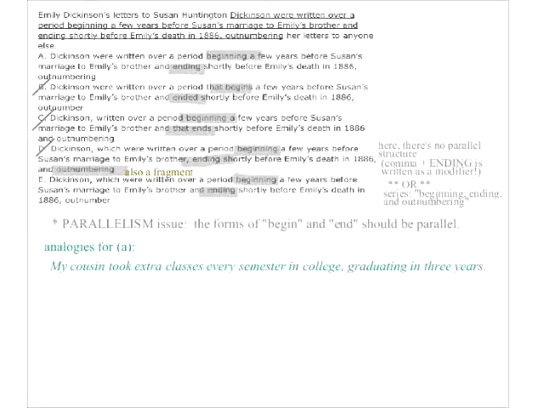Versus my cousin ate frozen food every day in college, comma, graduating in 3 years. The first one of these is correct. The second one of these is incorrect. Can anybody tell me what's wrong with the second one?